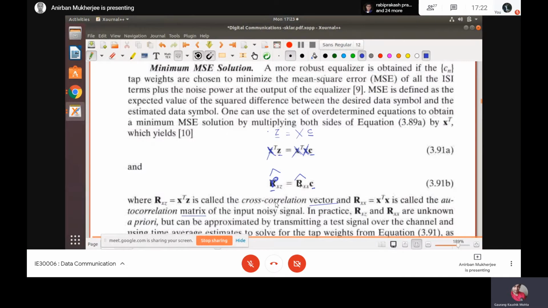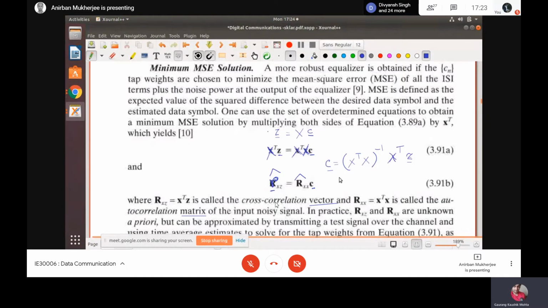Actually, you will get this if you do the differentiation of the equation. And what is my C? Then C equals X transpose X whole inverse X transpose Z. That means Rxx inverse and Rxz.